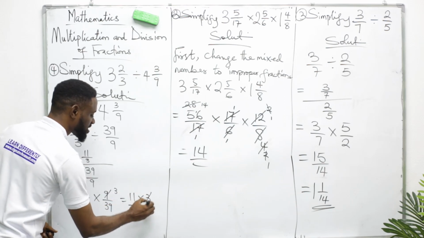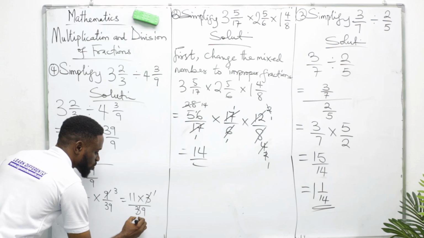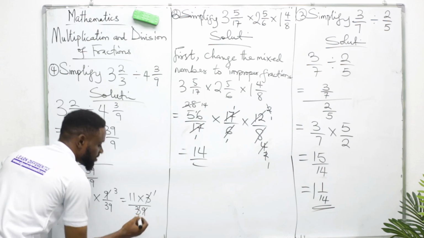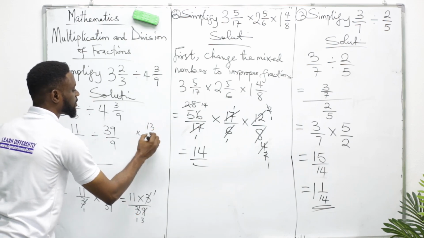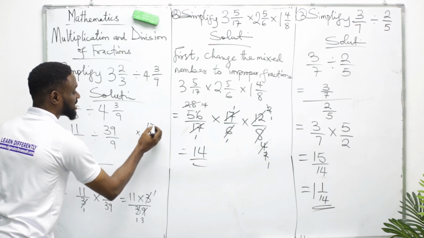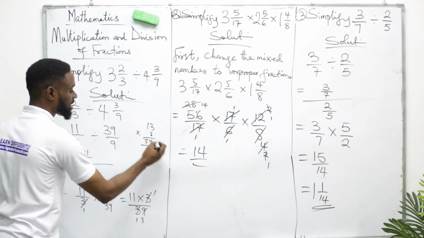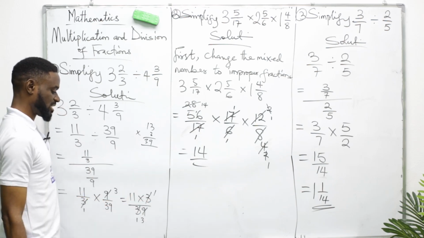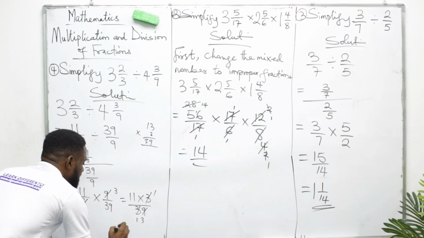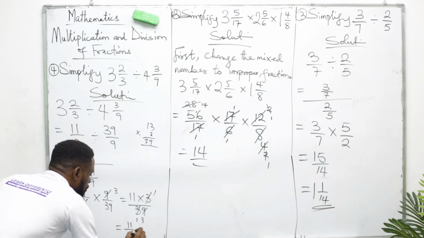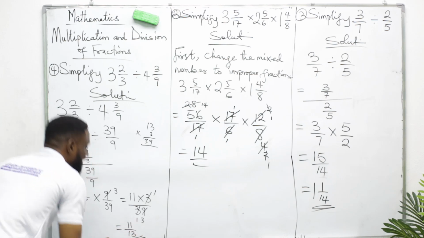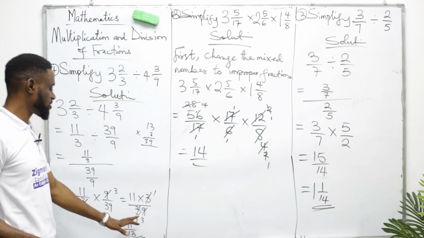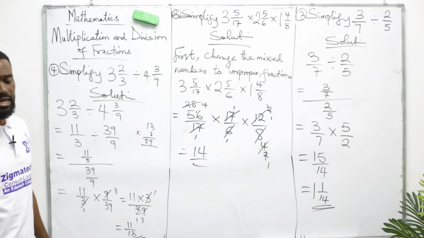Look at it. 13 times 3 is equal to 39. 3 times 3 is 9, 3 times 1 is 3. So 3 into 39 is 13. So it means that this is equal to 11 over 13. And this is the simplest form that this particular number can be.